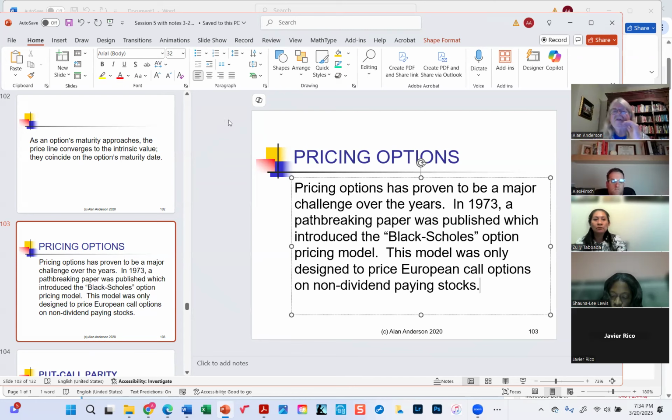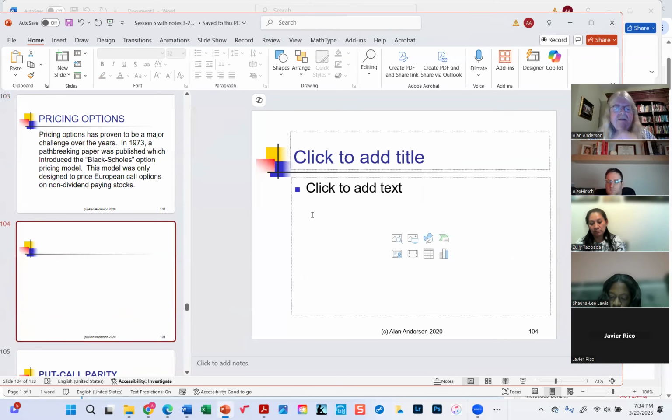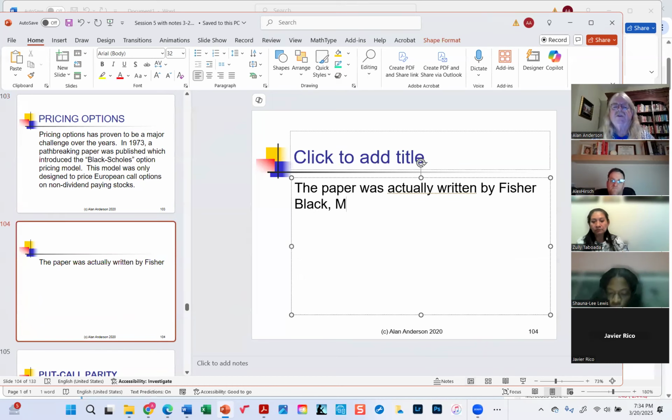By the way, I do want to mention a couple of other things here. And again, we'll discuss more of this next week when we're looking at these models, but the paper was actually written by Fisher Black, Myron Scholes, and Robert Merton.